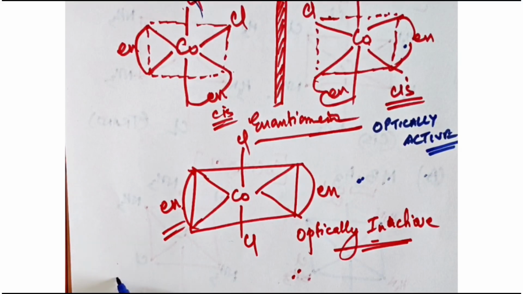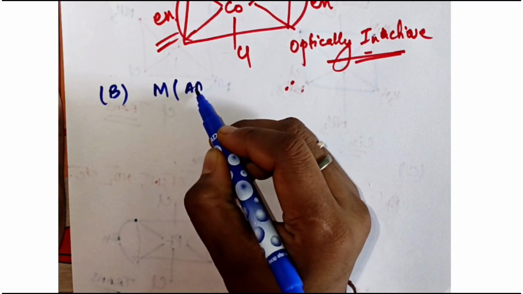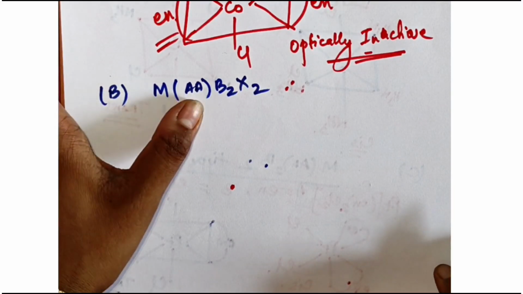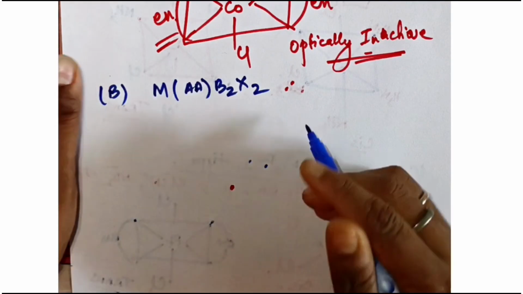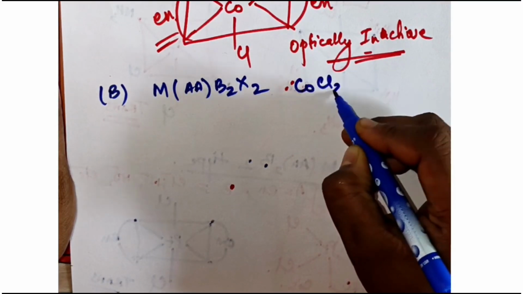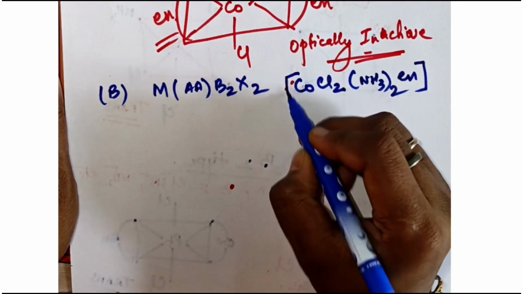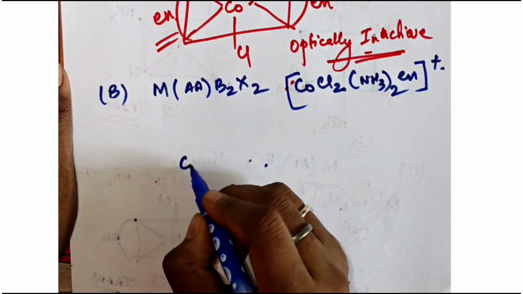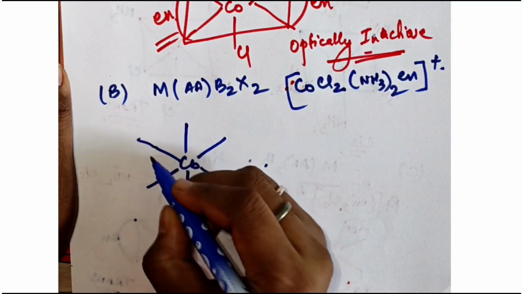So the second ligand type we will do for optical isomers is the M(AA)B2X2 type, for example, where one ethylene molecule or bidentate ligand is there, and the other ones are other ligands. See this example. Again, if it is an octahedral complex, draw it this way.